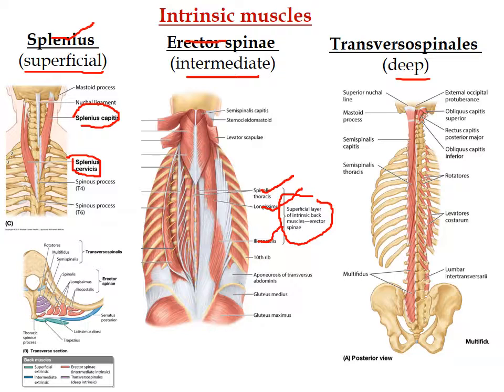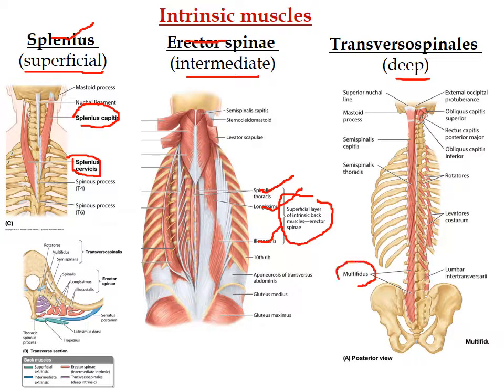It extends throughout the length of the vertebral column, starting from the pelvis up to the thoracic and cervical region. But splenius capitis and splenius cervicis, you will find from the thoracic to the neck region, up to the occiput. Now, the deep set is the transversospinalis. It has semispinalis and multifidus.